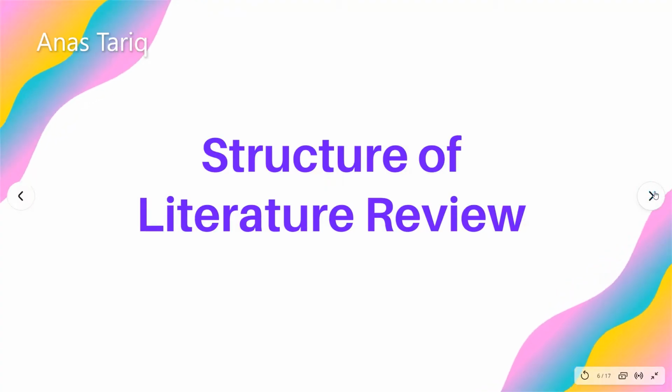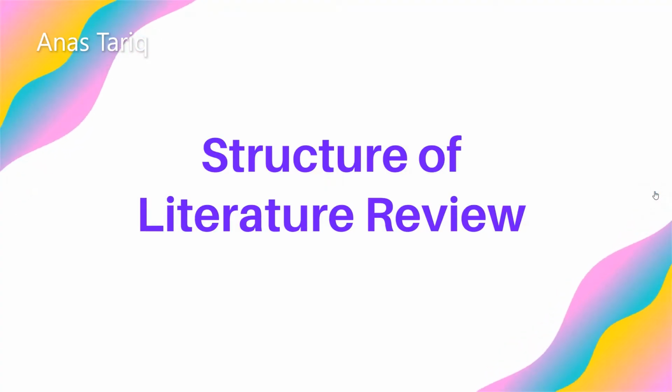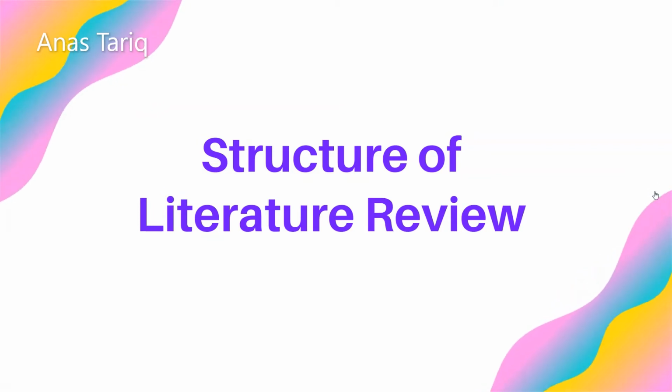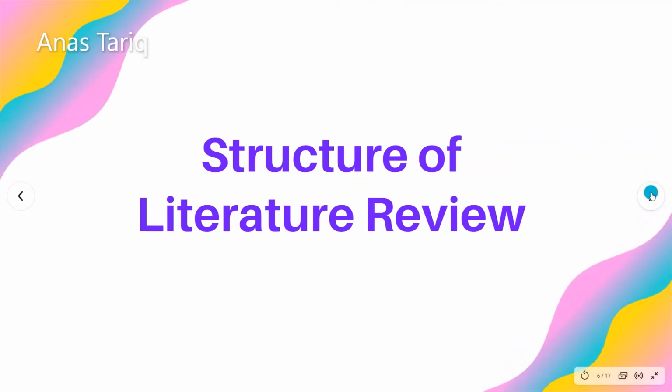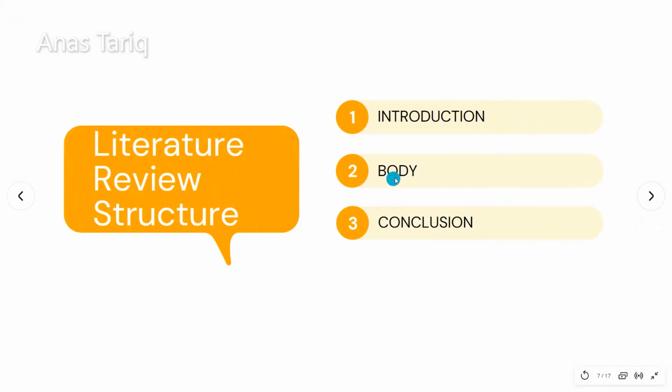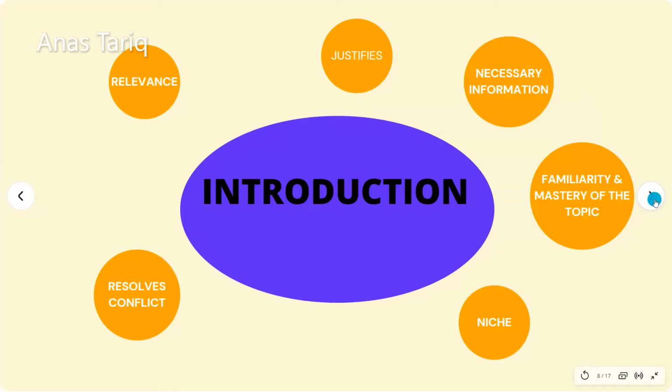Let's discuss the second section of the video, which is the structure of literature review. The structure of literature review has three main parts: introduction, body, conclusion. First part of literature review is introduction. Introduction basically justifies a research question, method, or a theoretical conceptual framework.